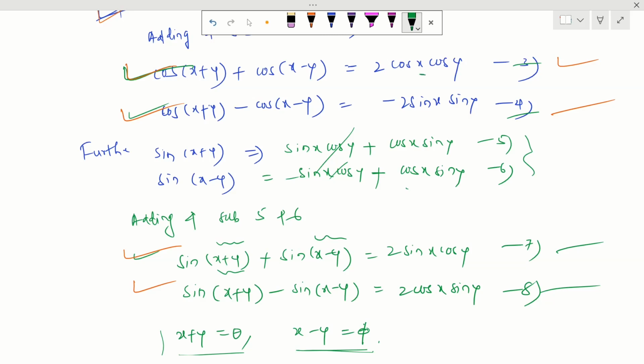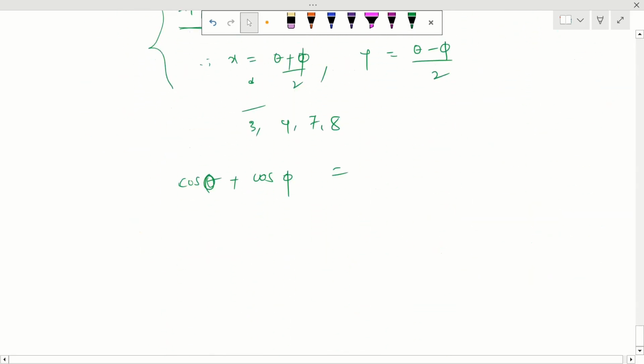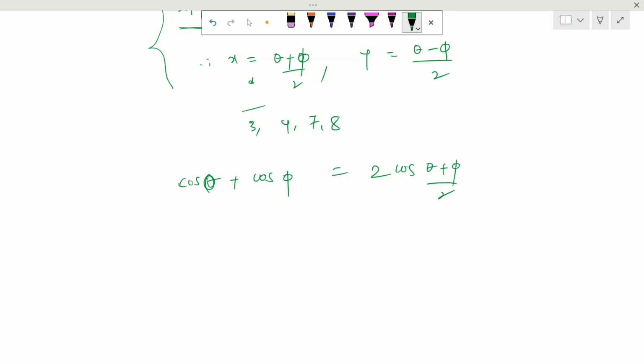So 2 cos x, where x is theta plus pi divided by 2, and next is cos y, where y is theta minus pi divided by 2. Now the fourth equation we have is cos theta minus cos pi, which is minus 2 sine of theta plus pi divided by 2, sine of theta minus pi by 2.